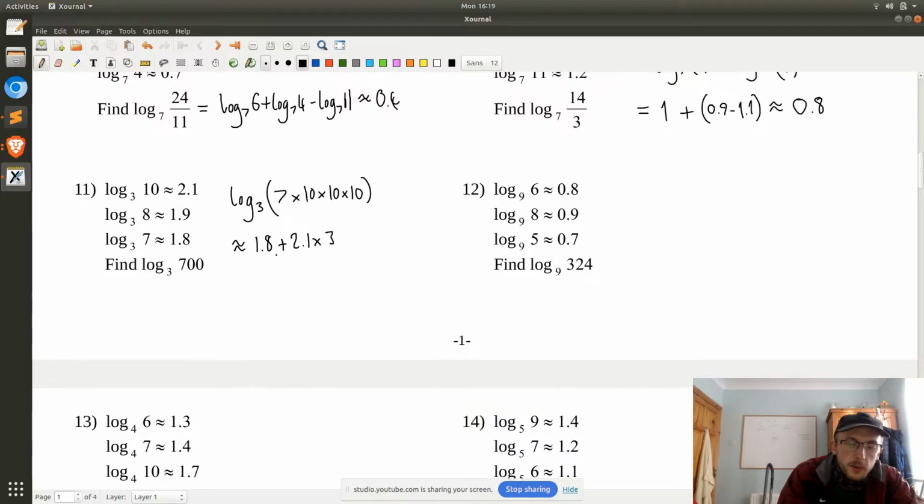So 6.3 plus 1.8 is 8.1 roughly. 324, that's the square of 18. 48, and then times that by 5, that's 240. No, so that's not going to do. Square of 18, which is built out of 2, 3, and 3.